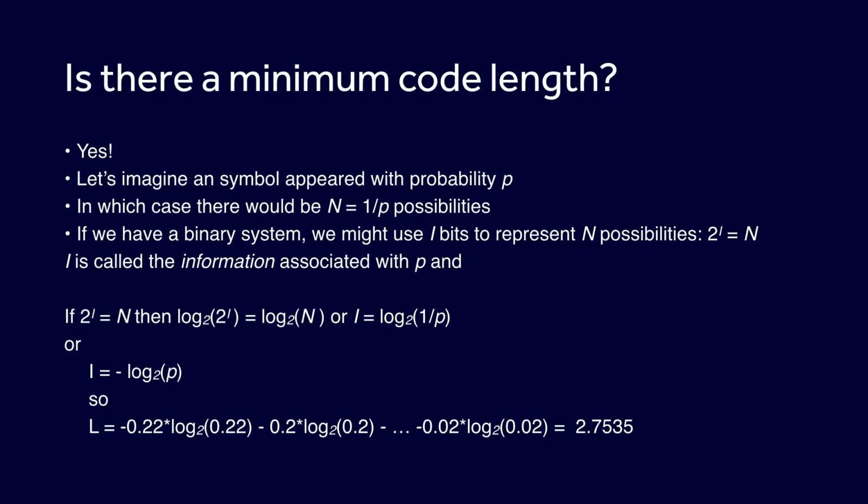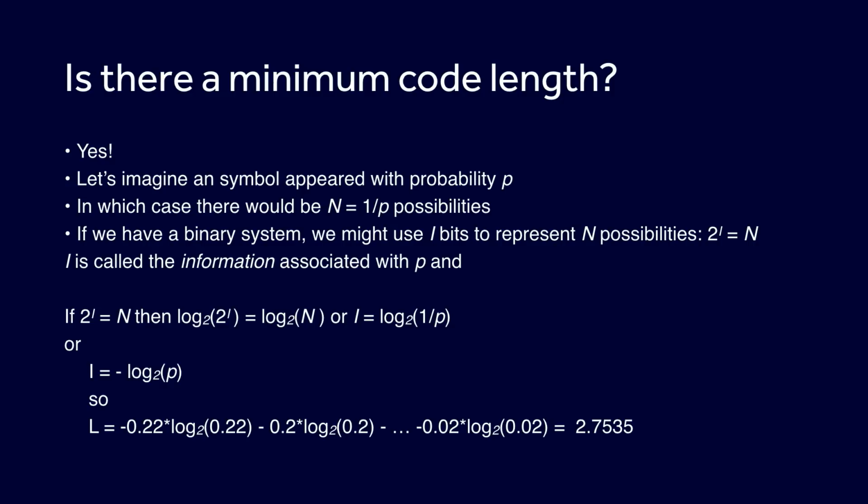He said, let's imagine a symbol appears with a probability p, in which case you can always express a probability as 1 over something, can't you? So you could say something's 1 in 10, meaning there are 10 possibilities associated with that probability. So if we're going to use bits to represent n possibilities, then I've already used this argument before. I said 2 to the 8 was 256 when I was talking about ASCII or UTF-8, and I said 2 to the 3 is 8 when I was talking about that.